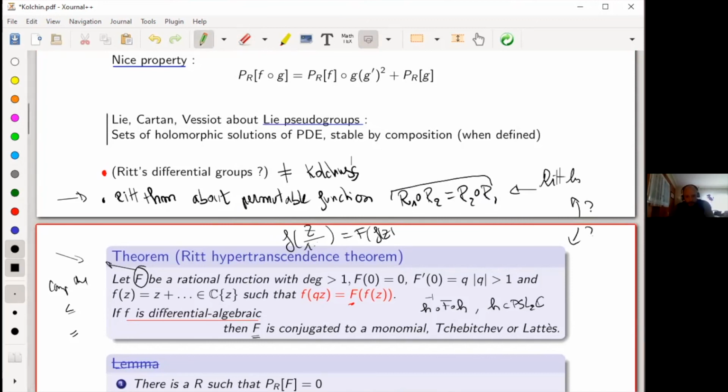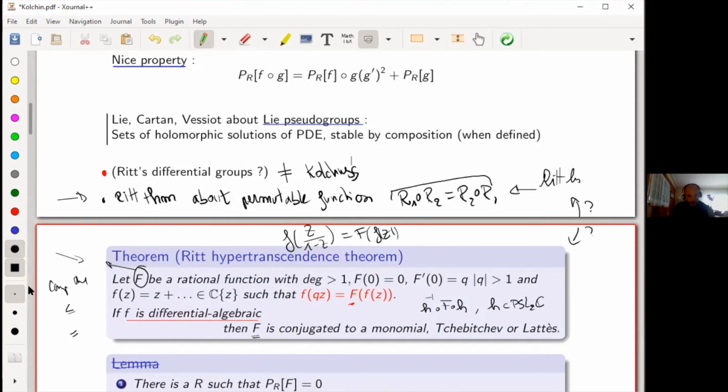It is the same, okay? And again, if you have some hypothesis on f like this one, you can ensure there is some holomorphic function f that solves this equation. But then in any case, any solution will be differentially transcendental or hypertranscendental. And the proof, in fact, really fits in this context.